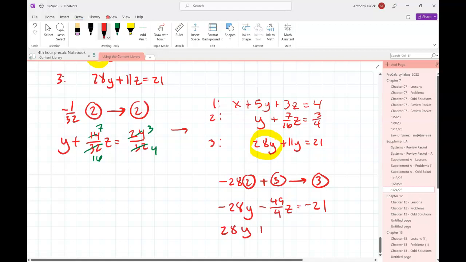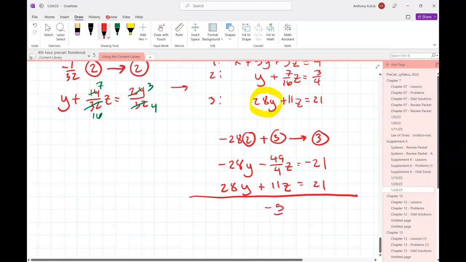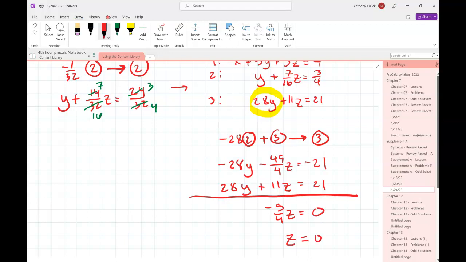And we have this. I don't know why I wrote y there. That's supposed to be a z in that spot. And let's see, that's going to be negative 5 over 4z. I made a common denominator. And then to solve that for z, I just get still z equals 0, right?